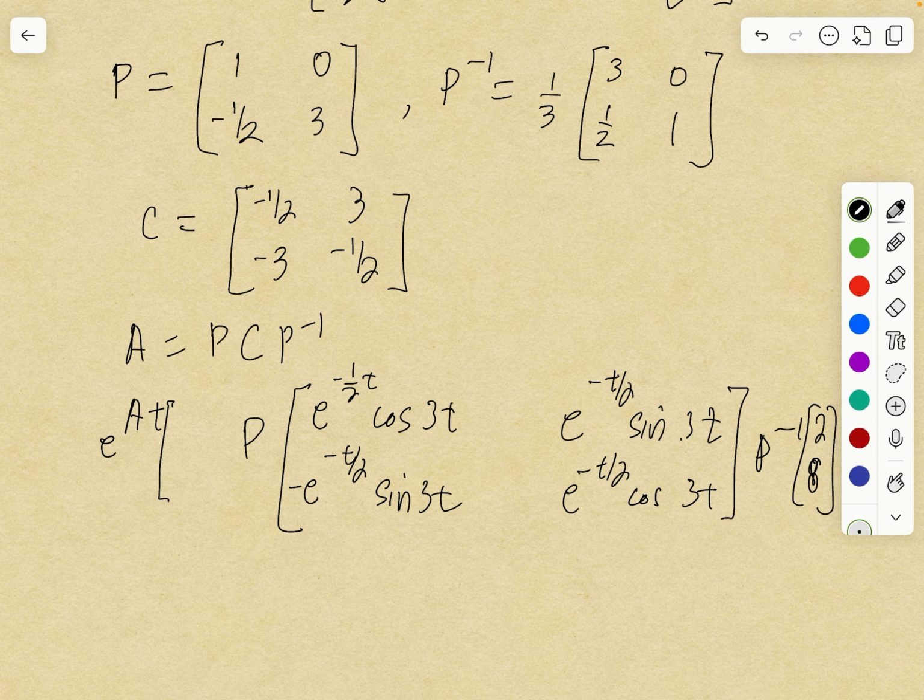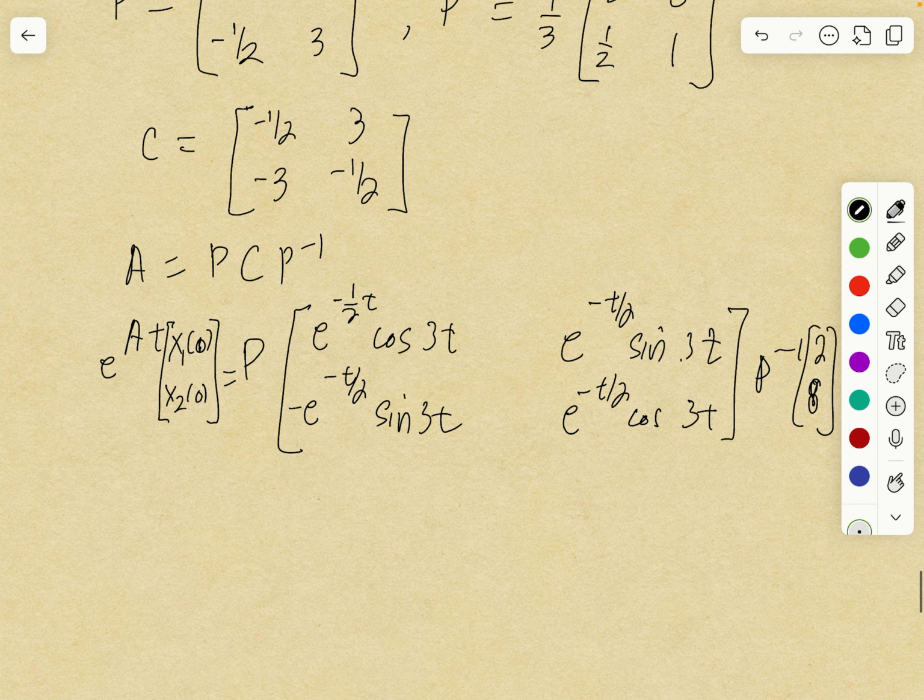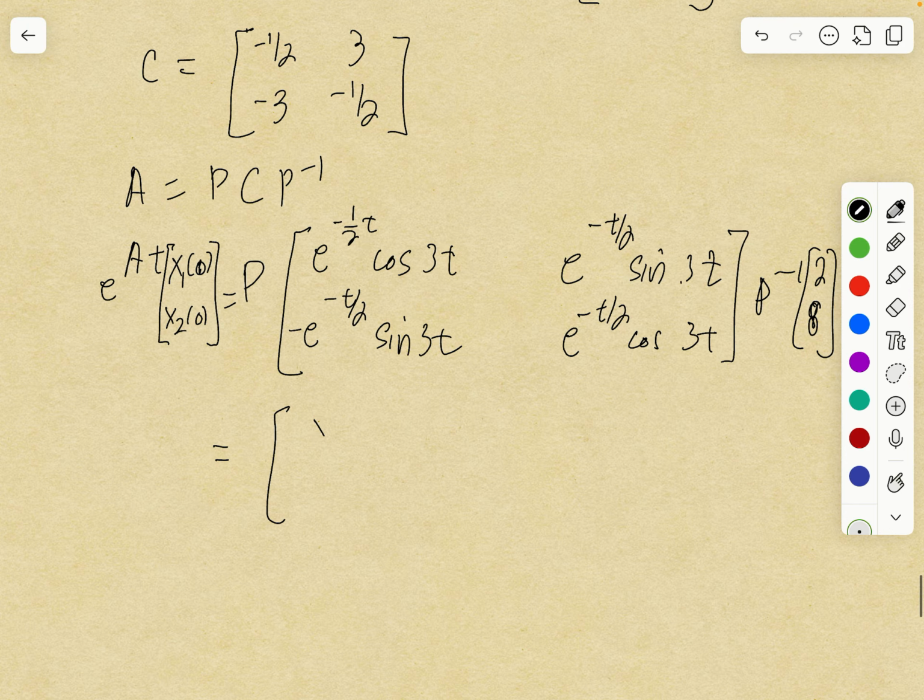So x1 of 0, x2 of 0 equals that. And then I have the P and the P inverse, and I'm just going to save the computation. But what you're going to get is x1 of t and x2. Well, x1 is y, right? So you're going to get y of t, and x2 was the derivative.